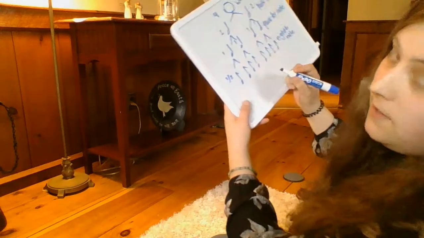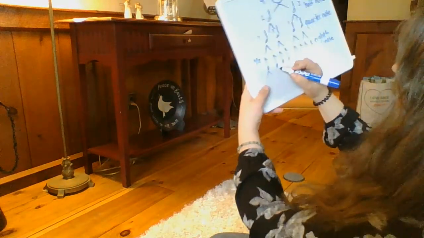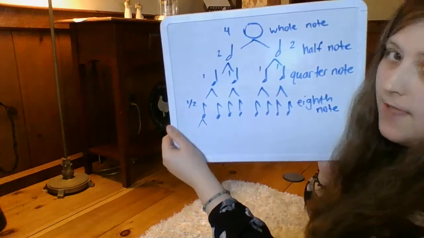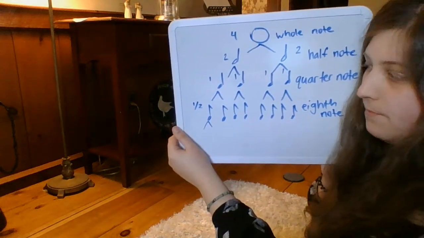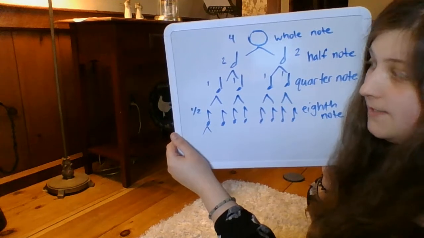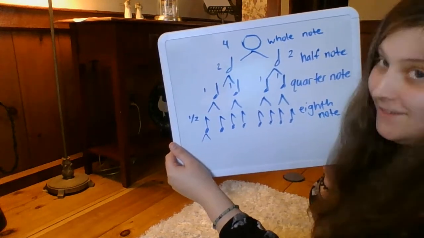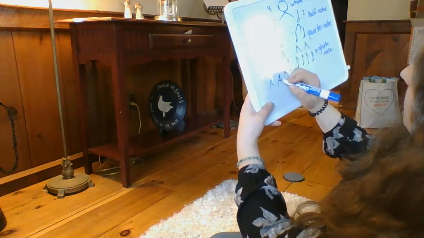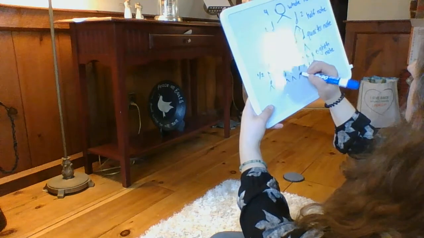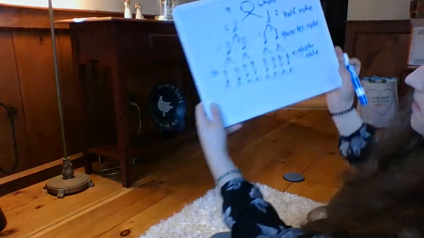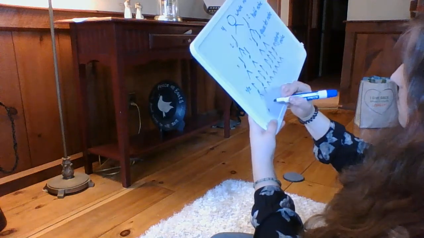Now I'm going to split the eighth notes. So if we have 8 eighth notes and we doubled 8, how much would that be? 16. Are we doing 16th notes yet next? Maybe. 1, 2, 3, 4, 5, 6, 7, 8, 9, 10, 11, 12, 13, 14, 15, 16.